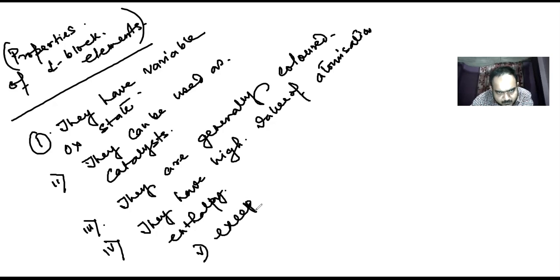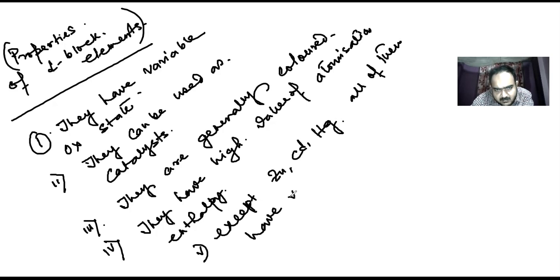except zinc, cadmium, Hg. Number five, all of them have very high melting point or boiling point.